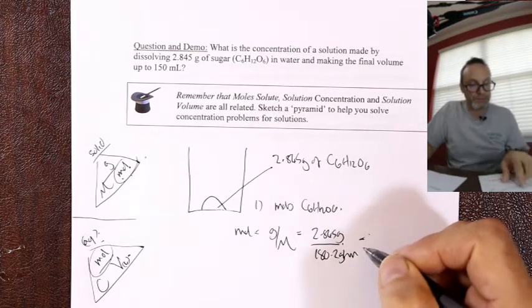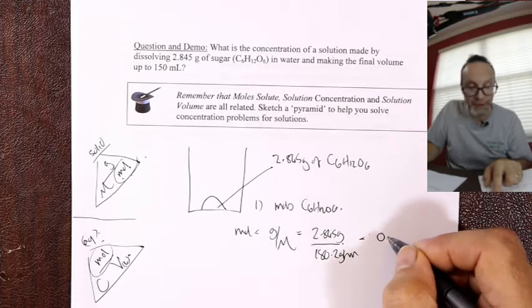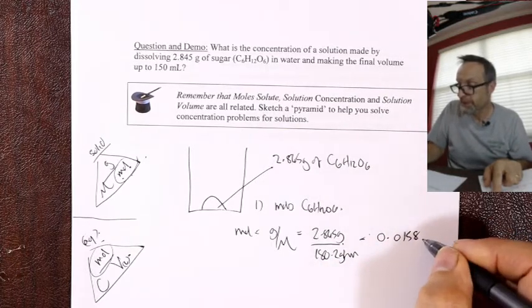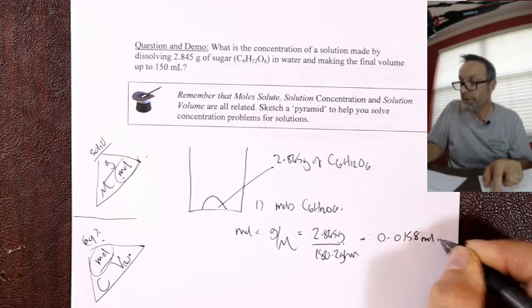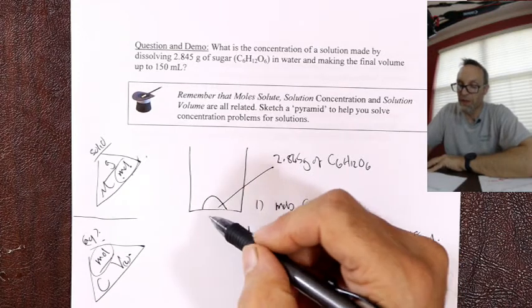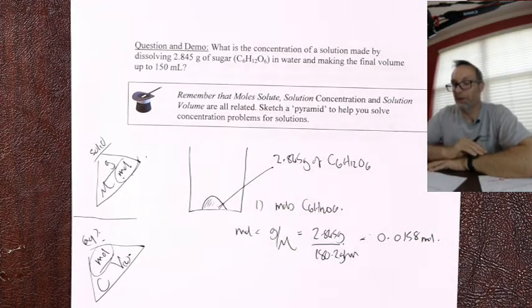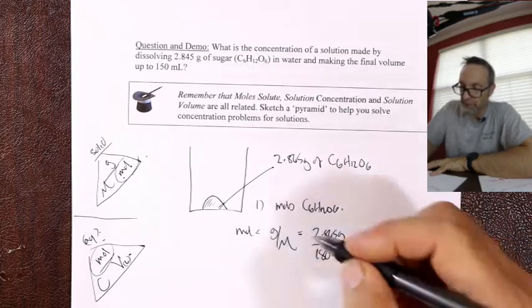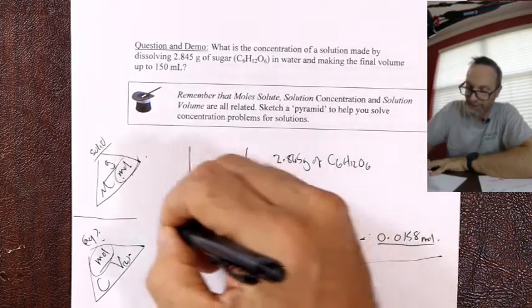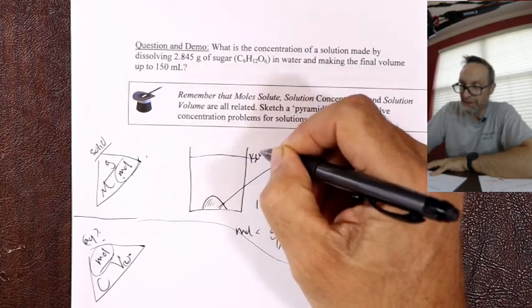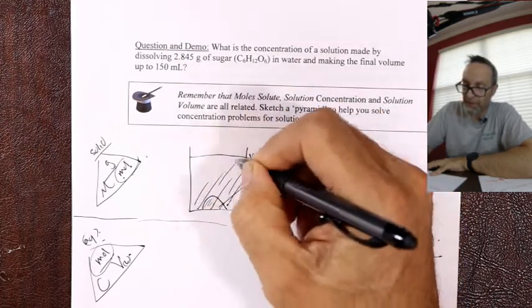And what do we get? Make sure you get the same thing I do, 0.0158 moles. So we've got 0.0158 moles of just solid sugar sitting in the bottom of that flask. Then we're going to make that up to 150 milliliters, stir it around, dissolve it.